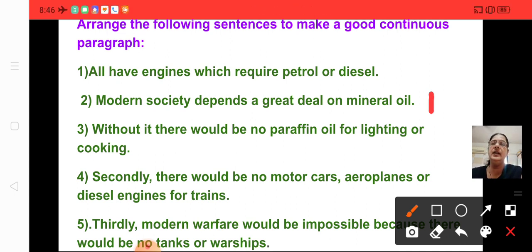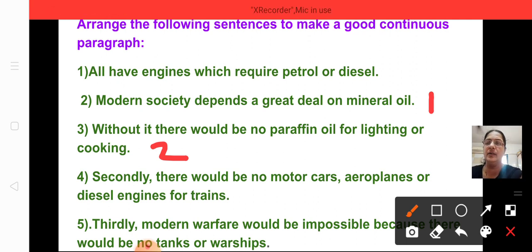Modern society depends a great deal on mineral oil. Next sentence will be, without it. We are talking about mineral oil, isn't it? Without it, there would be no paraffin oil or lighting or cooking. This will be the second one. Then the third sentence, secondly, there would be no motor cars, aeroplanes or diesel engines for trains.